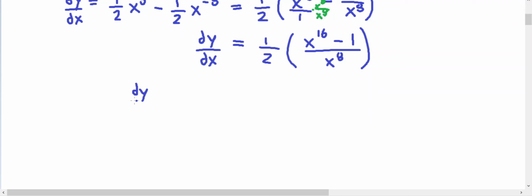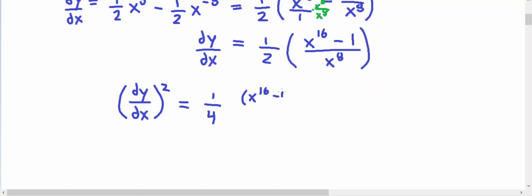So dy dx quantity squared is equal to the square of this thing. So the 1/2 being squared turns into 1/4. And then x to the 16 minus 1 gets squared like that.